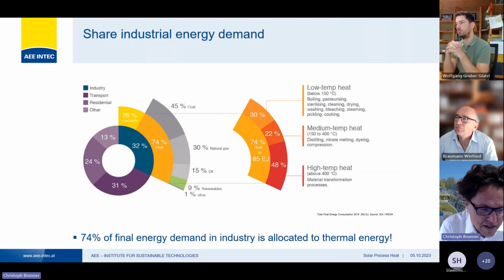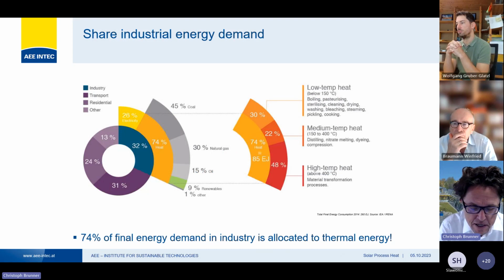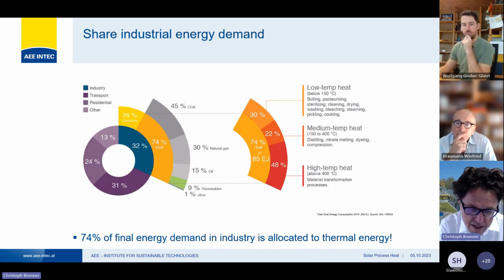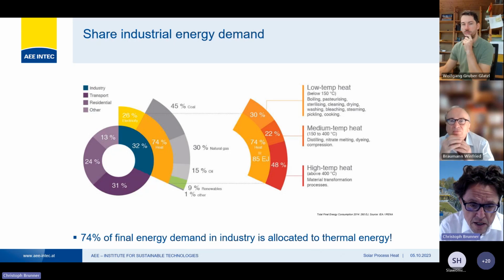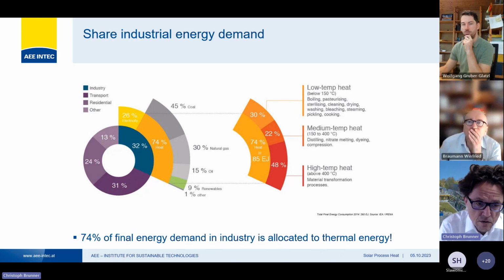This is the importance of heat in industrial energy systems. Maybe not everybody is aware that about 74% of the total energy demand in the industry is related to heat, and only 26% to electricity.